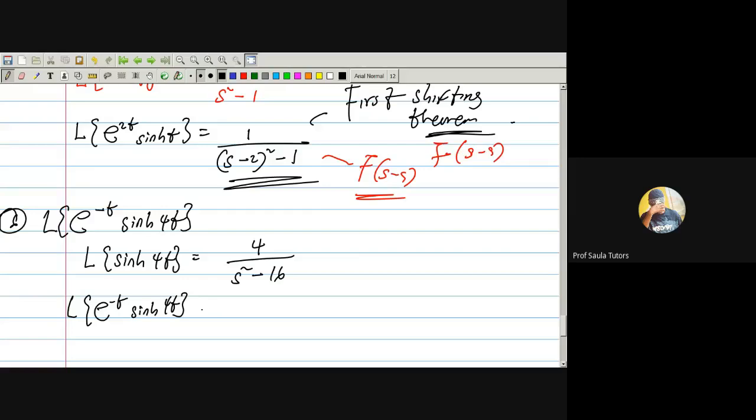Since exponential is multiplying, use the first shifting theorem: this minus 1, come and subtract it here, so s plus 1 squared plus 16. That's it. So when it was 2, we come and subtract it. When it was minus 1, you come and subtract the minus 1, and that gives you plus 1.